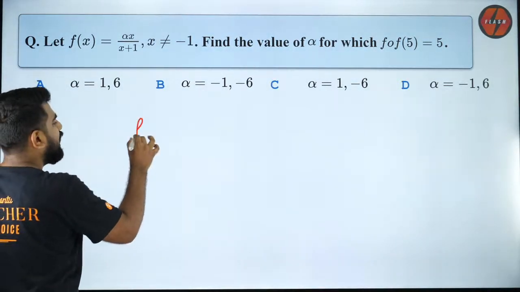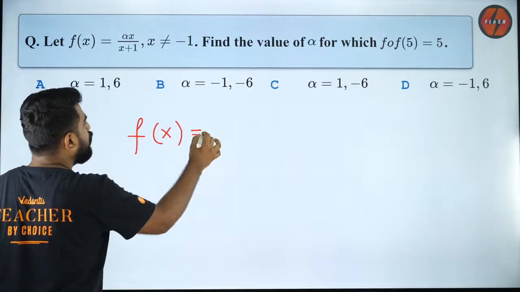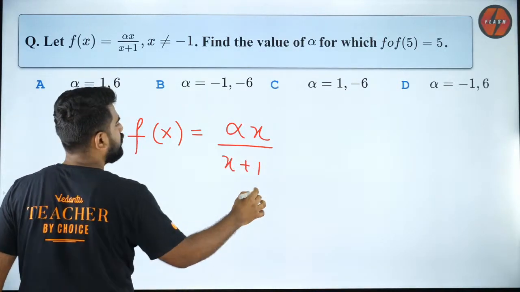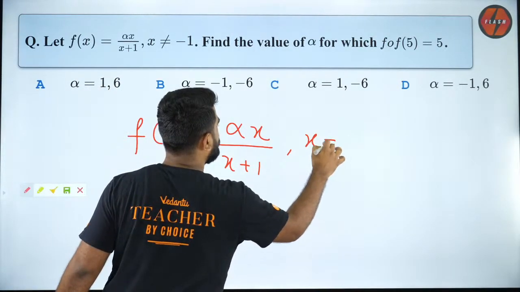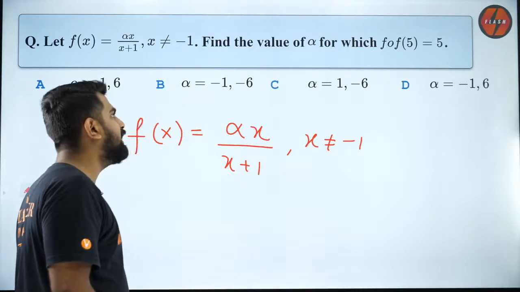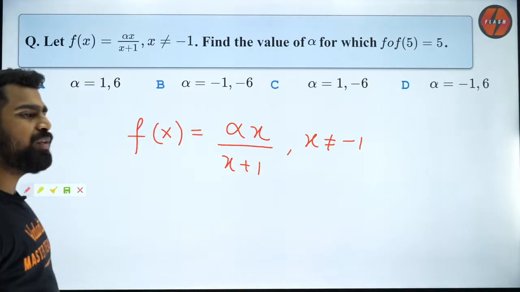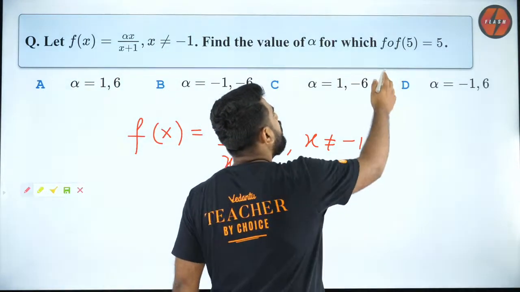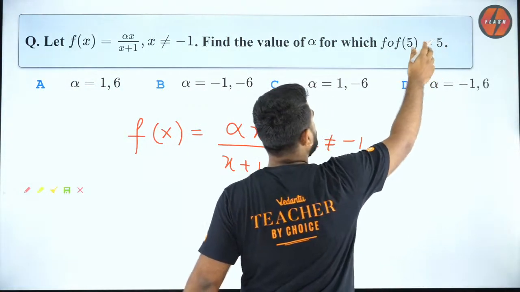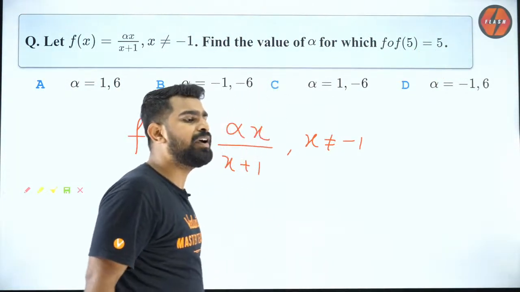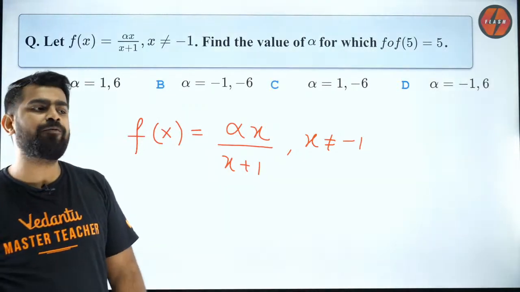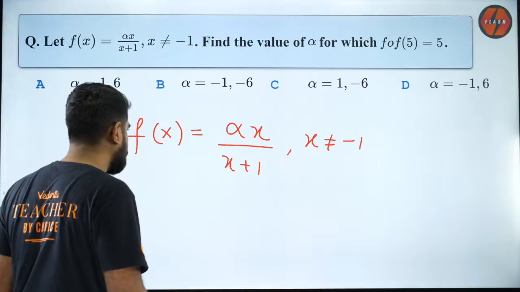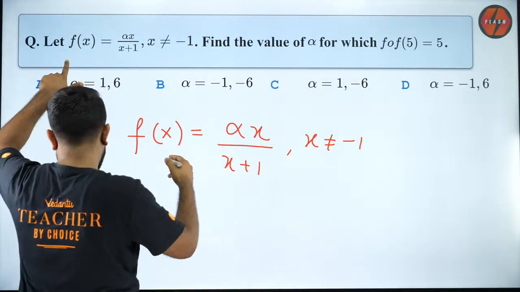So here you have f of x equal to alpha x by x plus 1, provided x is not equal to minus 1. Now you have to find the value of alpha such that f of phi is equal to 5. f of phi means composition of function, a function inside another function. For example, what is f of phi?